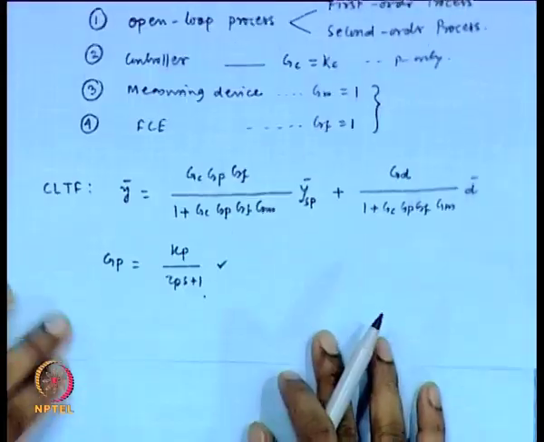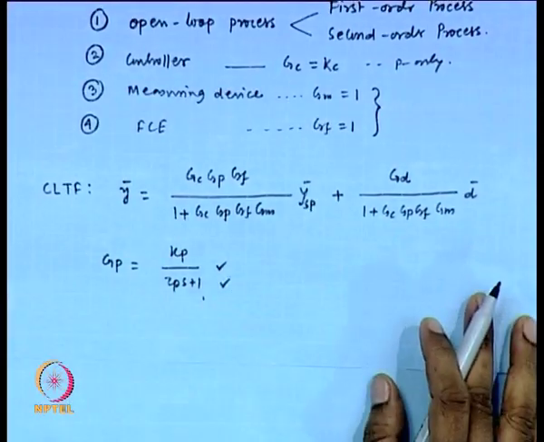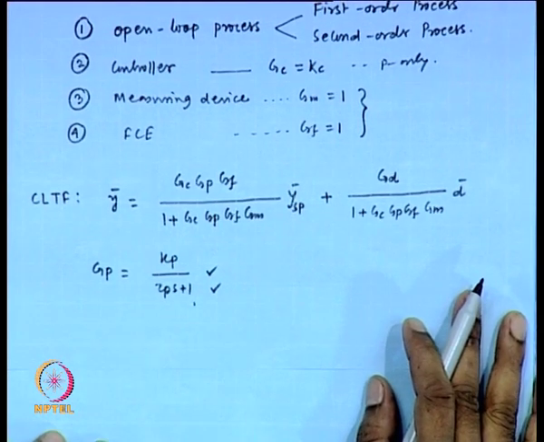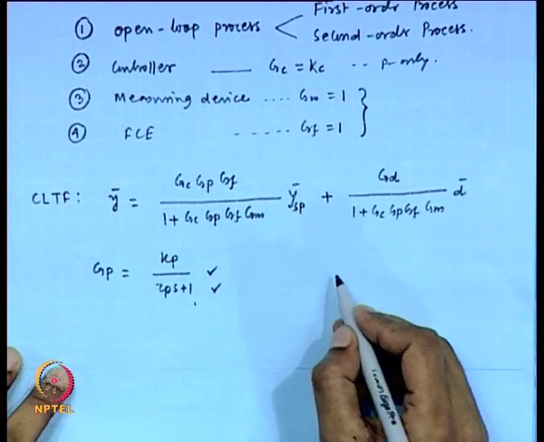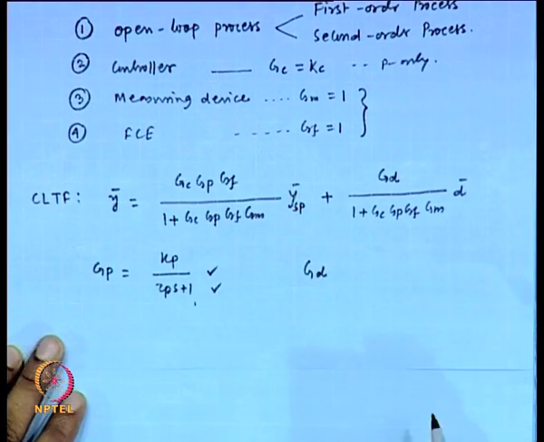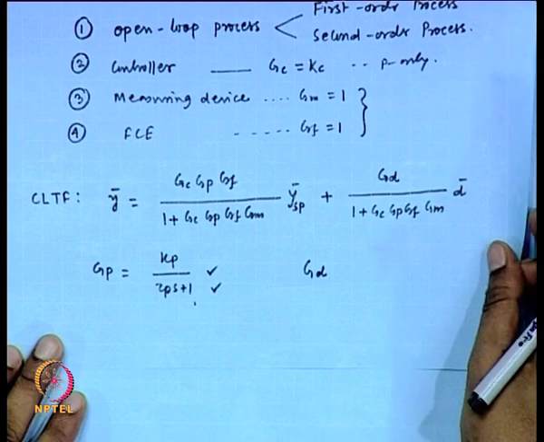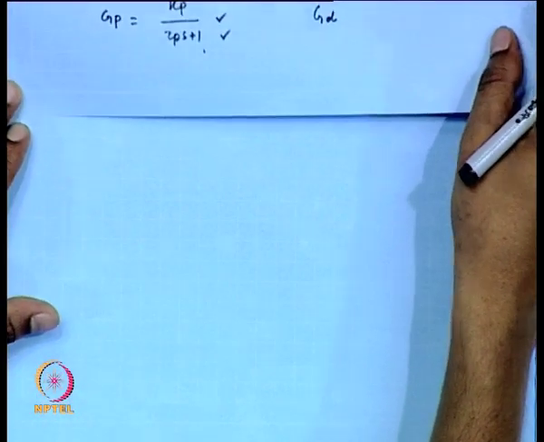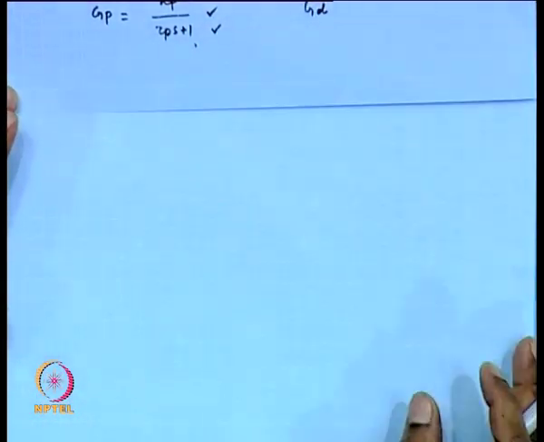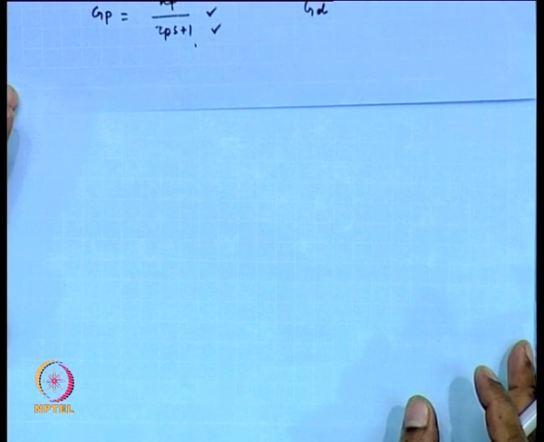Now, for the process, this is the transfer function with respect to manipulated variable. Another transfer function is involved, that is Gd with respect to disturbance. So, what that will be? For that purpose we will first consider the process.